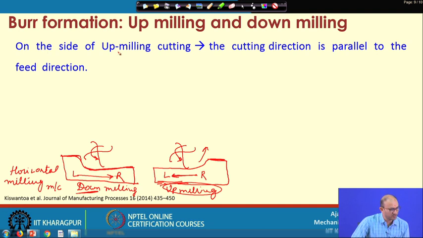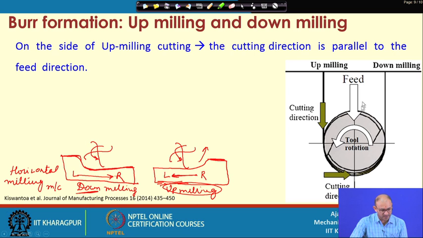Now, you can see on the side of the up milling cut, the cutting direction is parallel to the feed direction. This is also one of the ways by which we can define it in terms of the feed direction. Here the cutter tool is rotating in this direction and the tool is given feed in this direction.